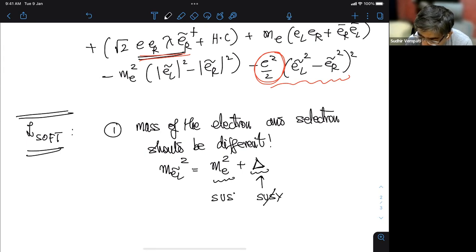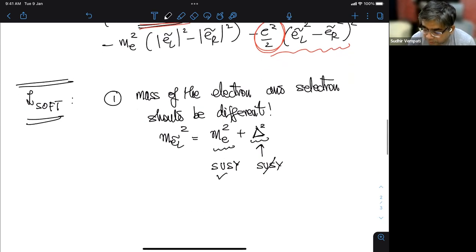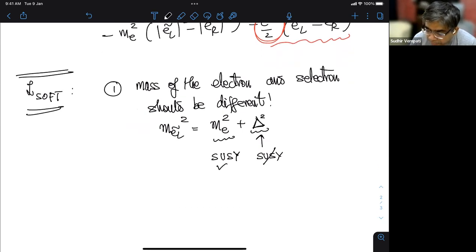This is SUSY conserving, whereas this is SUSY breaking, which distinguishes it from the electron mass. So it should typically be heavier, because we don't have anything lighter than the electron. So this is how we first introduce SUSY breaking, by adding an additional mass for the selectrons.